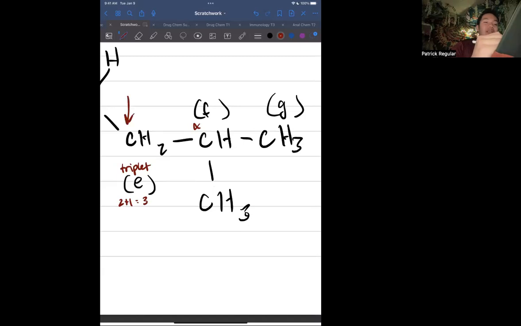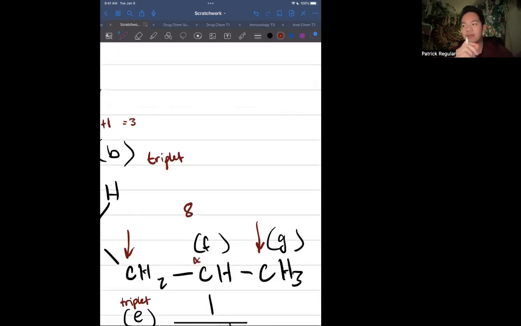We actually have three. Let's count up all of the hydrogens on all of them. We have three on the bottom, three on the right, and two on the left. So I count a total of eight hydrogens that can be coupled with, plus one. This would be nine. So this would be a multiplet of nine.